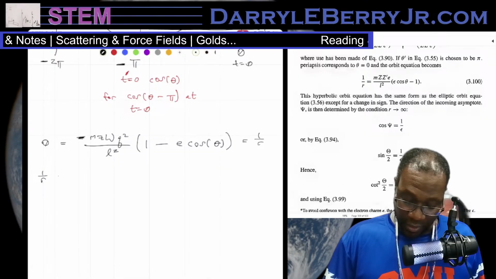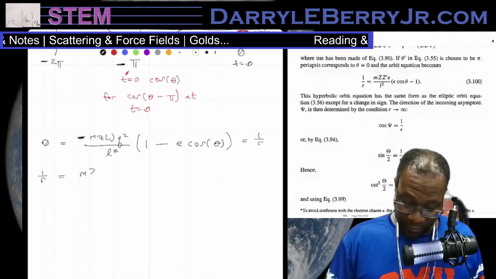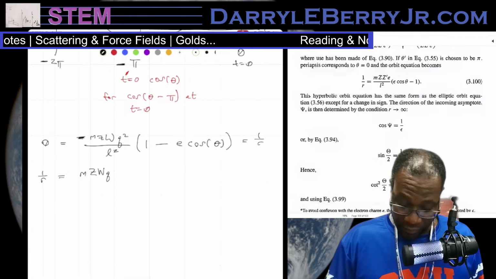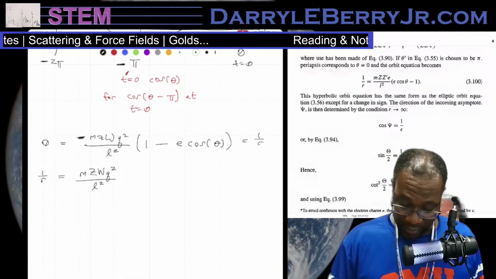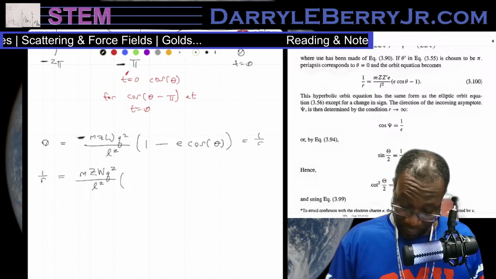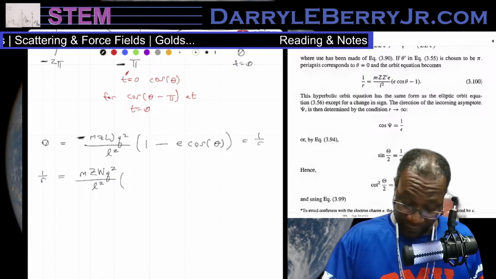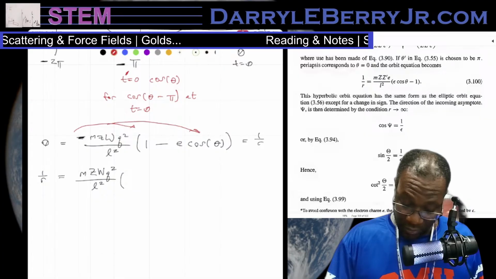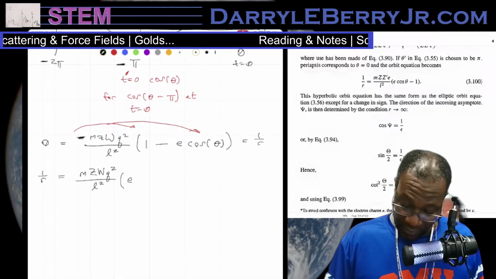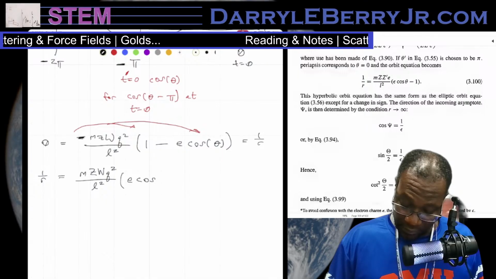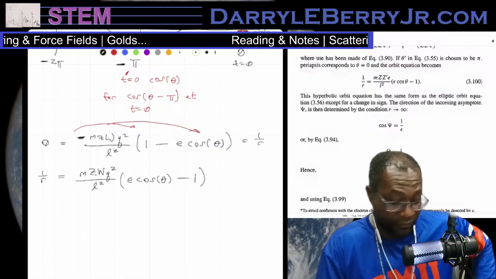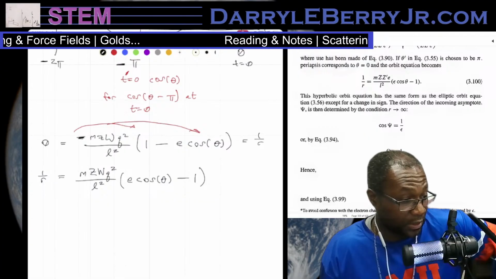So that's still 1 over r equals m k q squared over L squared, distributing this negative, so then I have e cosine theta minus 1.